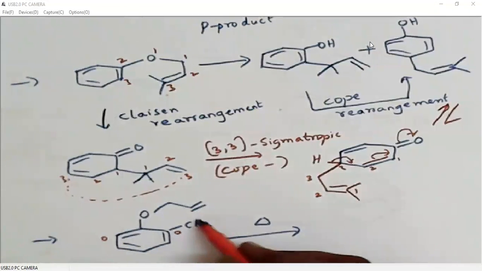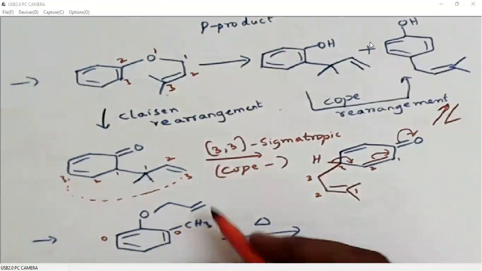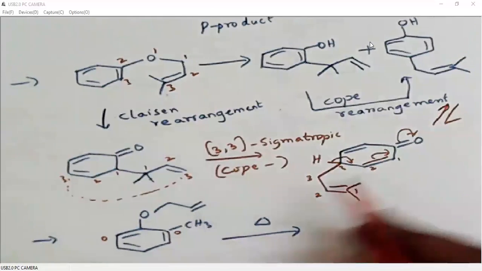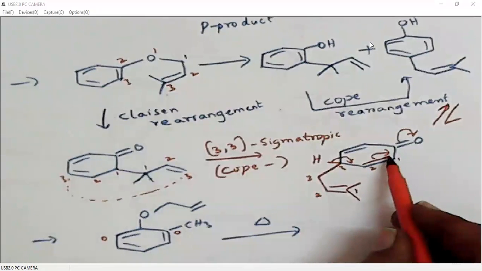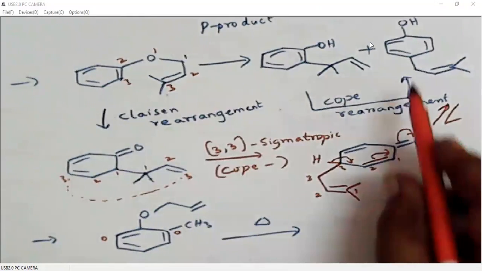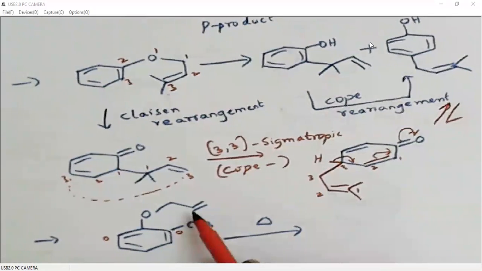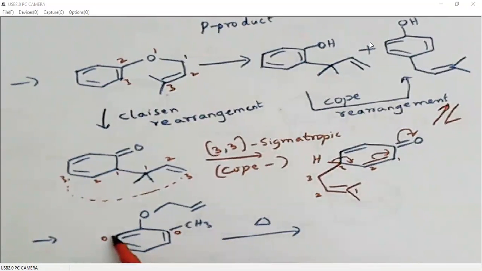If one ortho position is occupied, the allyl group cannot migrate there because it cannot generate the aromatic product. So if you want to generate the aromatic product, the place of ortho or para must be unsubstituted. If it is substituted, then it will not undergo rearrangement to that position. So if I have one substituent on one ortho carbon, then the rearrangement will take place to the other ortho carbon.